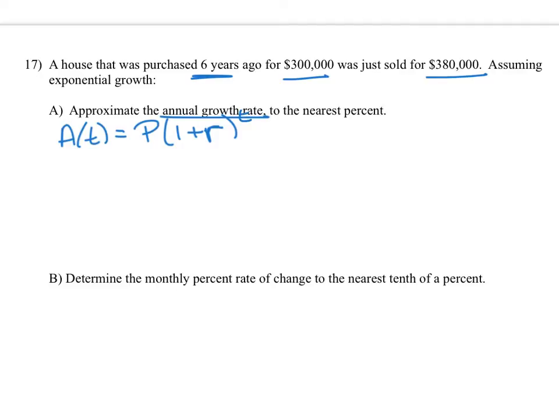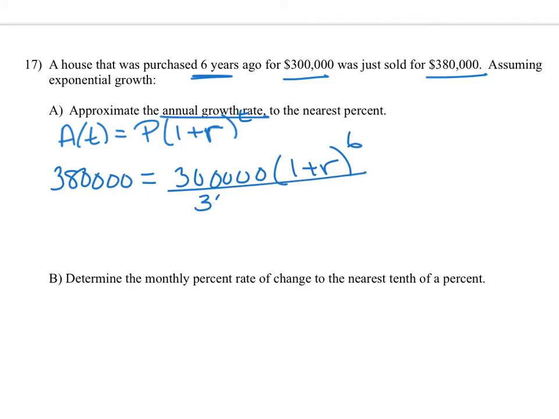So when I plug all the pieces in, this is 380,000 over 300,000 equals 1 plus r, which I don't know, to the 6. So we're really just solving for the r. This is a lot like sequences and series we're going to be doing in the future.